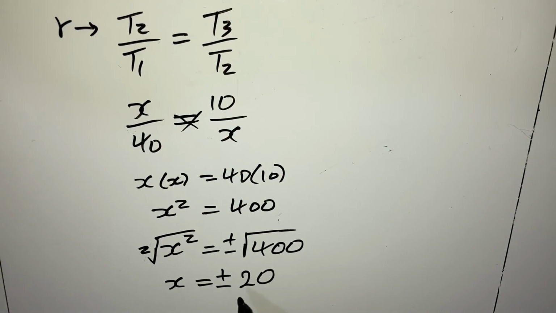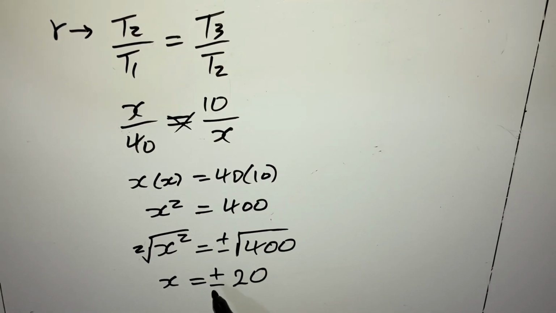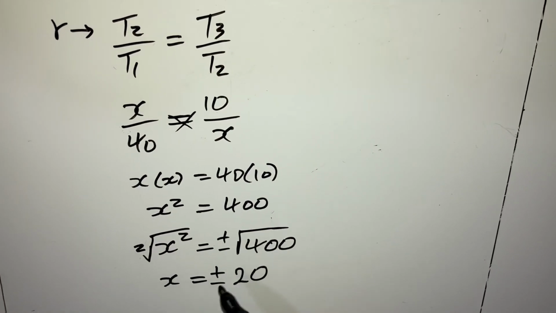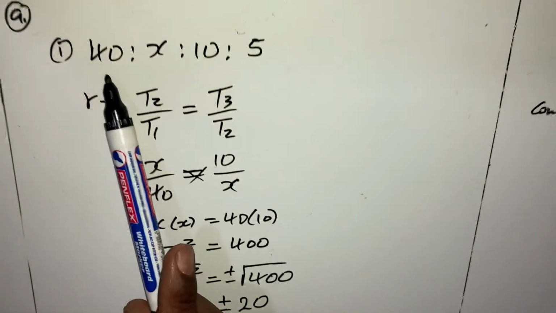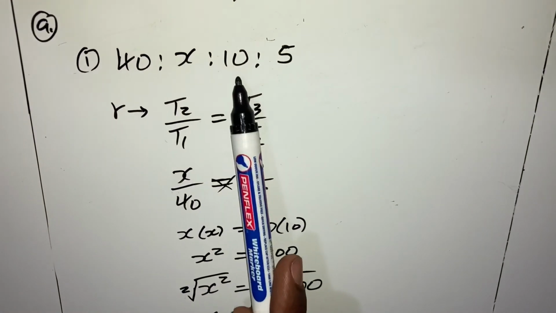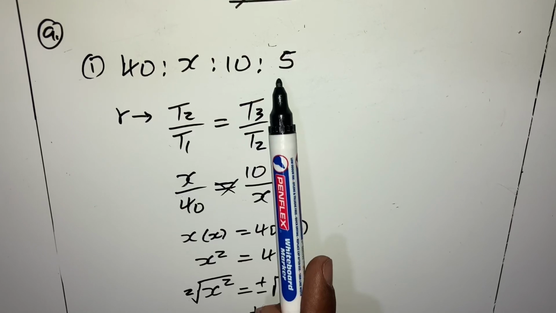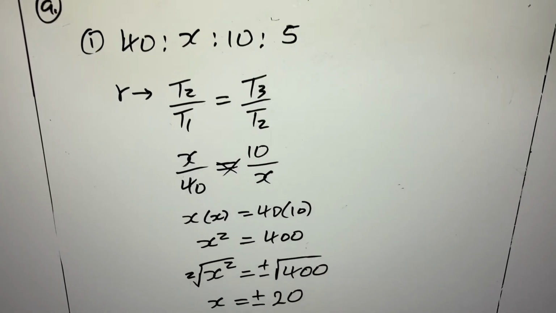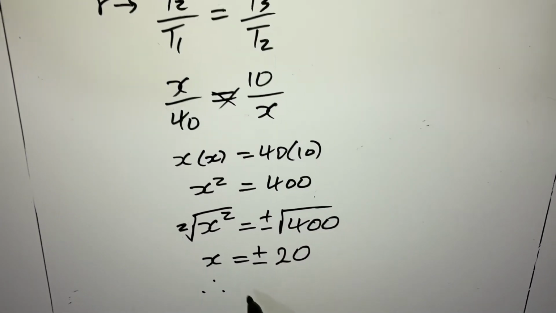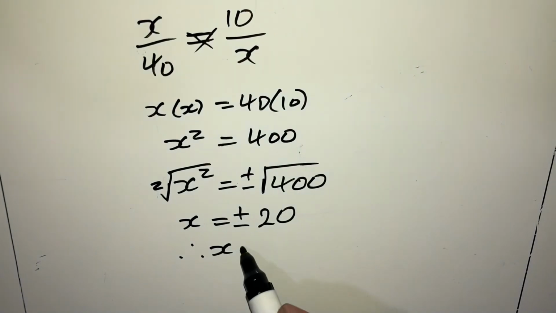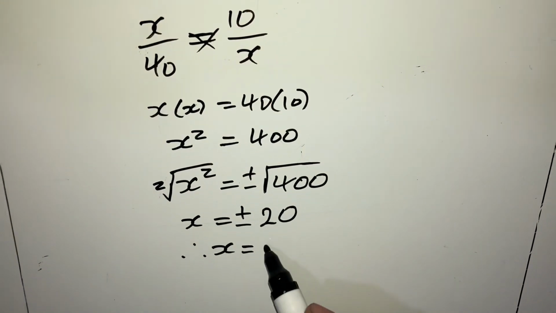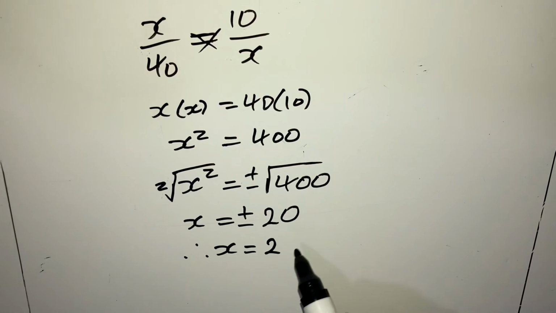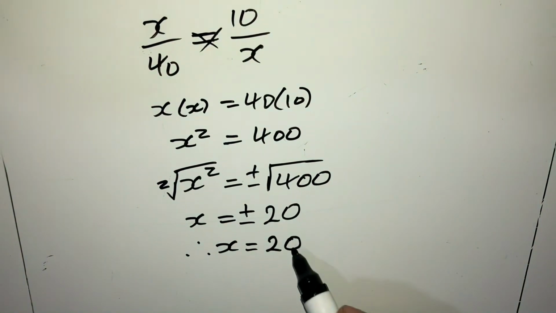So, since our geometric sequence is 40, x, 10 and 5, we will conclude that therefore our x is positive 20.